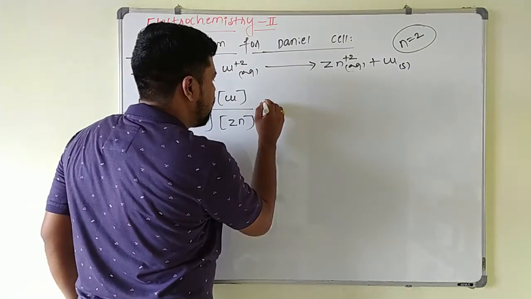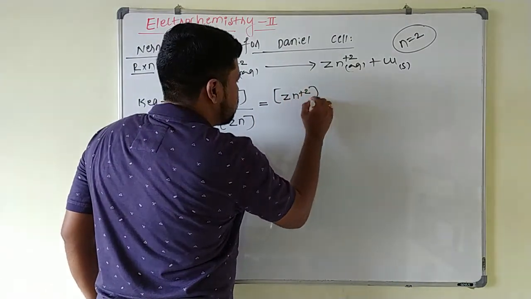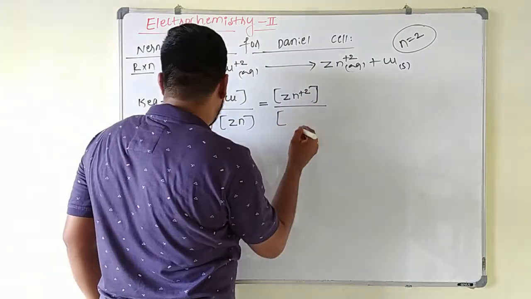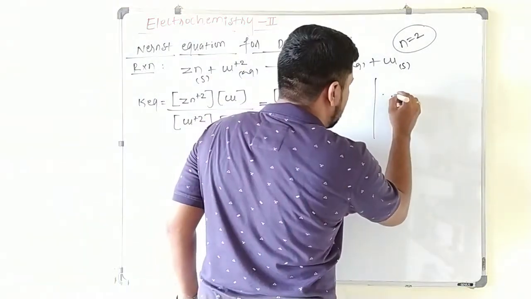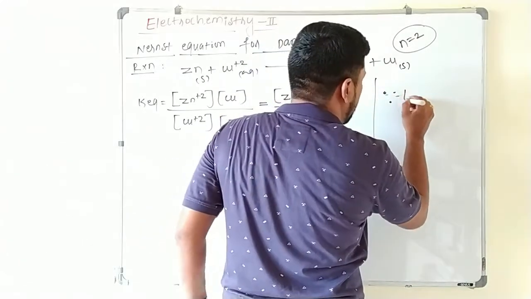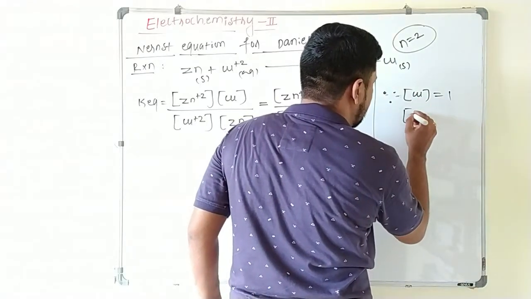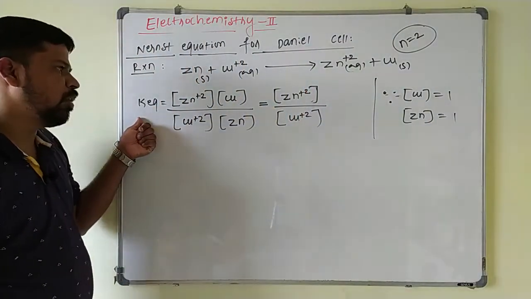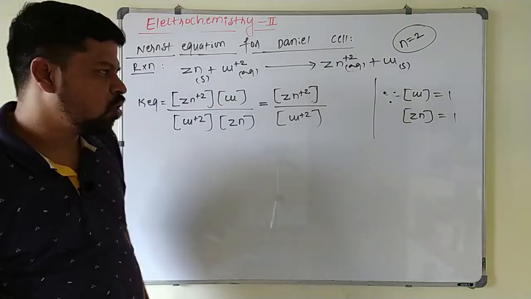So K equilibrium becomes molar concentration of zinc plus 2 ion divided by molar concentration of copper plus 2 ion, because for solids the concentration is taken as 1, that is, molar concentration of copper solid is taken as 1 and molar concentration of zinc solid is also taken as 1 here. That's why this equilibrium constant will be equal to molar concentration of zinc plus 2 ion divided by molar concentration of copper plus 2 ion.